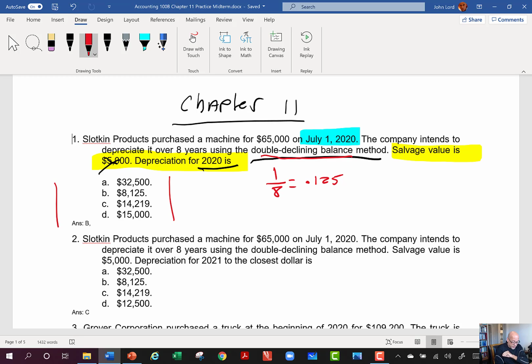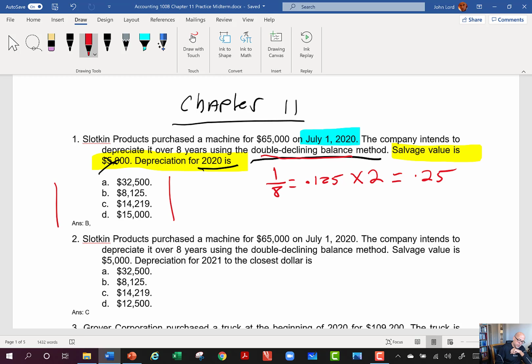I'm not using my calculator right now because I already used it to figure some of these things out. So we have 0.125, but because it's double declining balance, 0.125 times 2 gives me 0.25. So the depreciation rate per year on this will be 0.25.